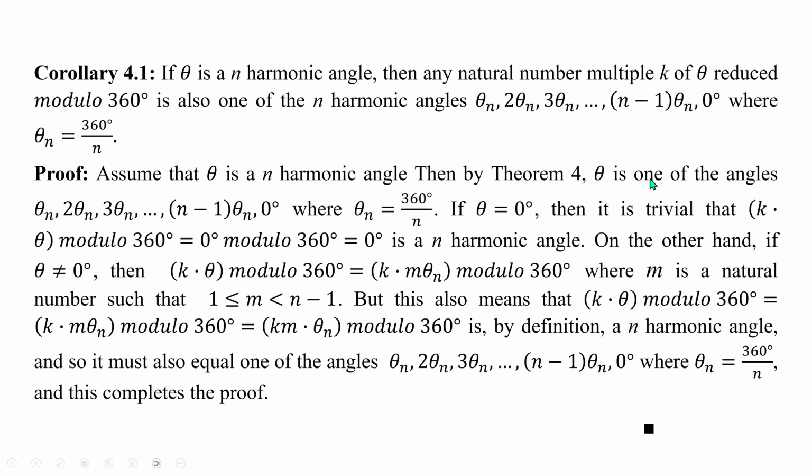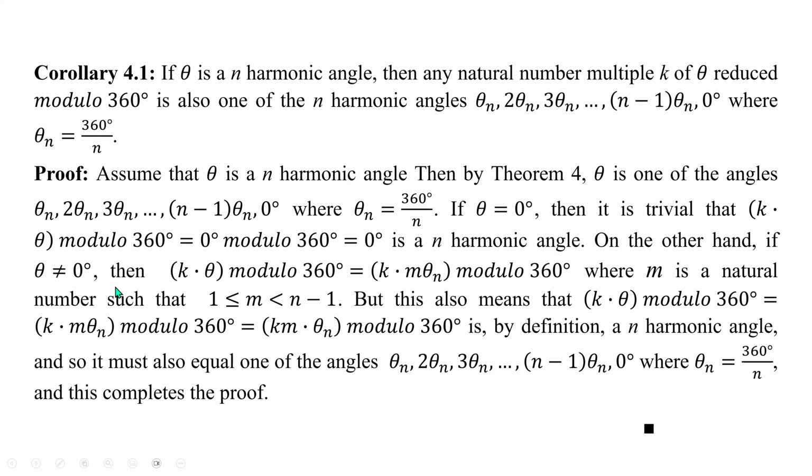Then, by Theorem 4, theta is one of these angles, where theta sub n is defined this way. Now, if theta equals 0 degrees, then it is trivial that k times theta modulo 360 degrees is just equal to 0 degrees, which will be an n-harmonic angle for any harmonic n, actually.